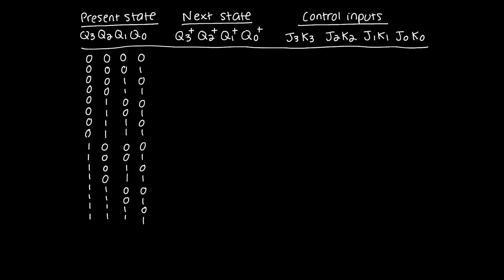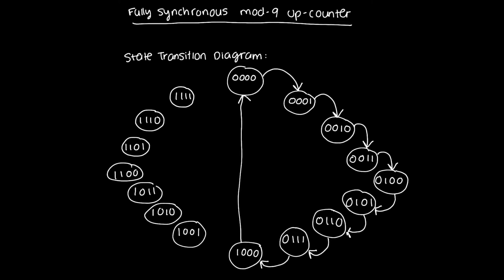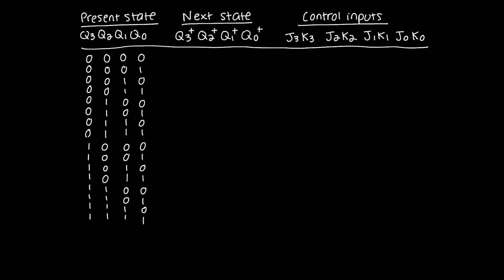So how do I know what to write for the next state? I mean, that's really simple. I just need to look over here at my state transition diagram. So in a mod 9 up counter, and again, I can read this directly off the state transition diagram, if the present state is 0, at the next clock transition, I want the next state to be 1.